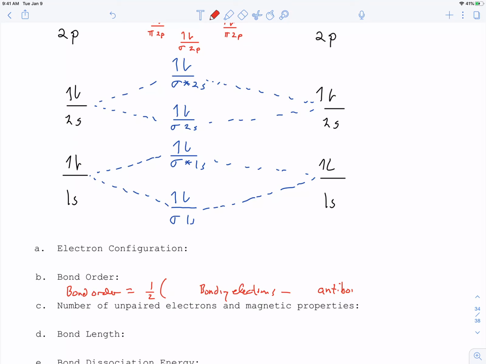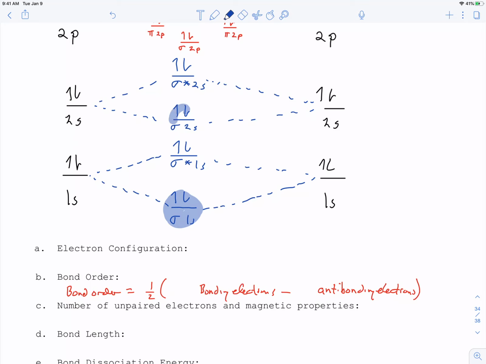We'll count those together in just a second. That'll give us the bond order. Now you should already know in your head from previous classes how many bonds there are between fluorine and F2. But let's go ahead and highlight. We'll do this color for the bonding.